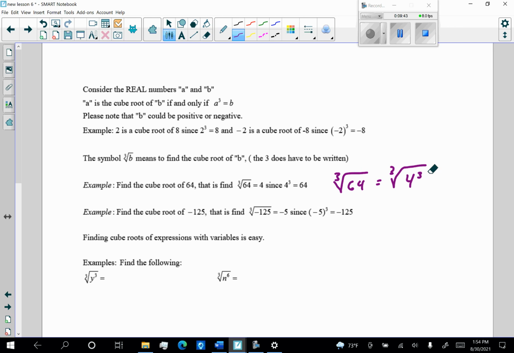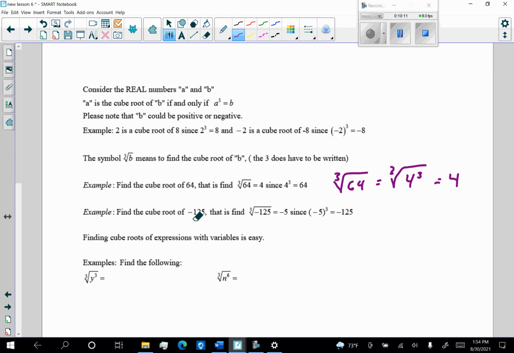Well, 4. This power and this root, we'll talk about that Wednesday. We'll see why they don't cancel each other, but they become 1. This is equal to 4, because 4 cubed is 64.